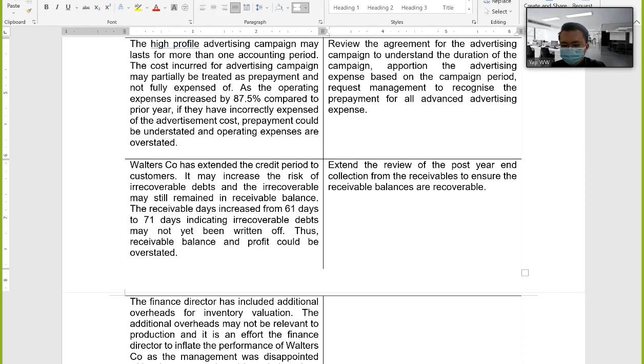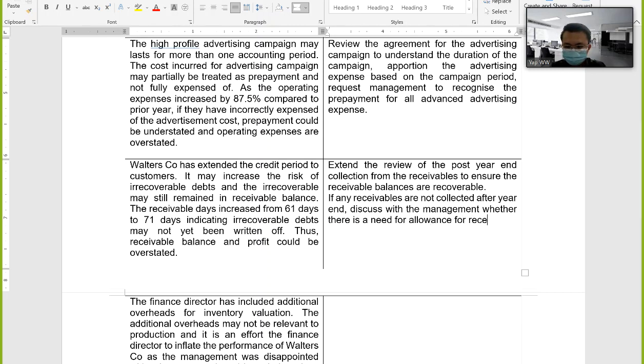Of course, when you review the post-year-end collection, maybe not all the receivables are collected after year-end. So if any receivables are not collected after year-end, discuss with the management whether there is a need for allowance for receivables.